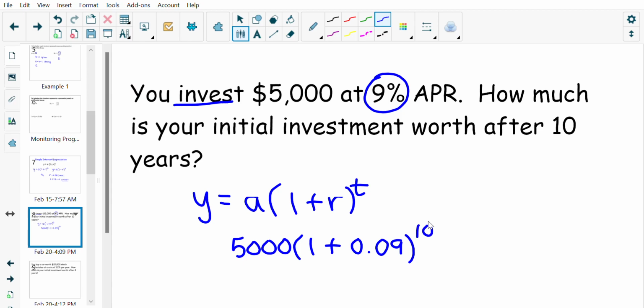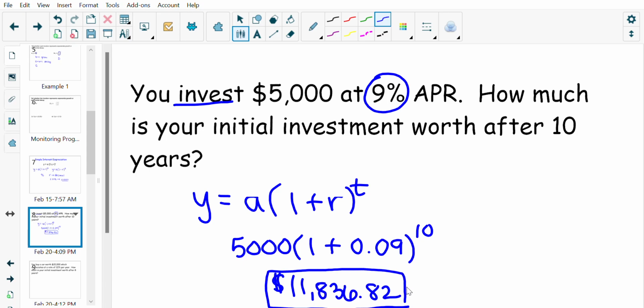So all we need to do is type that into our calculator, and when we do that, we end up with $11,836.82. When we're investing money or doing anything with money in our problems, we're always going to round to the hundredths because we can have cents.